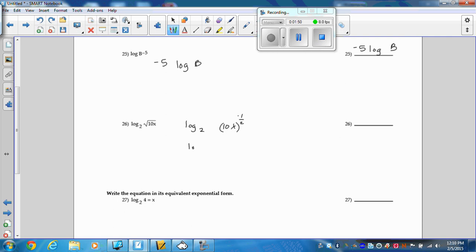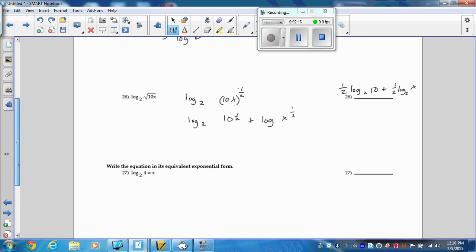So technically, you're supposed to do log of 10 to the 1/2 plus log of x to the 1/2. And those exponents come down in front. So it's going to be 1/2 log base 2 of 10 plus 1/2 log base 2 of x.